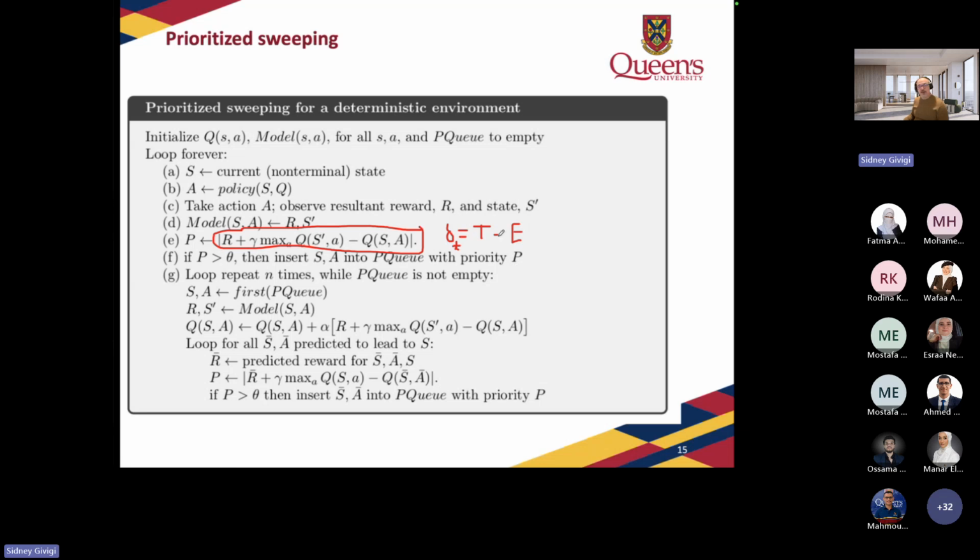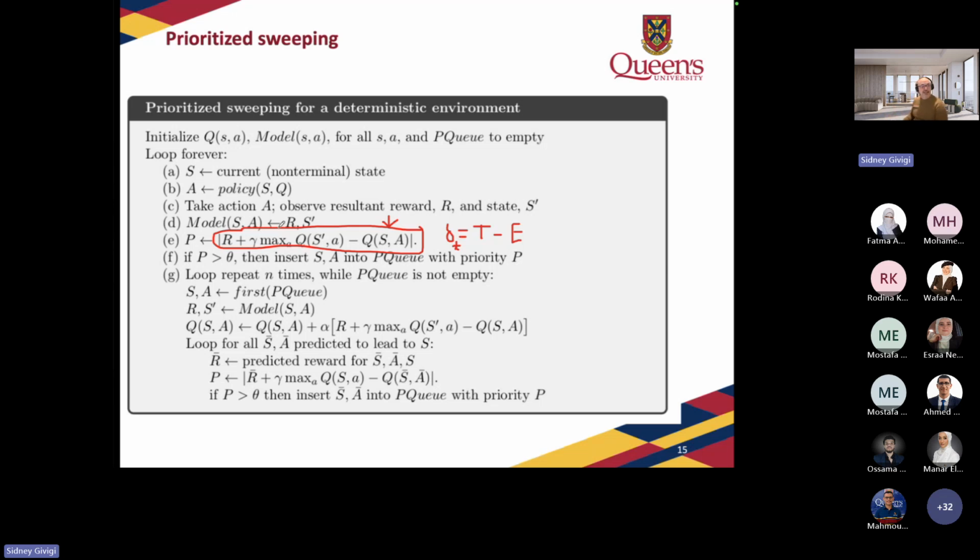So this is the estimate, and this other quantity here is going to be the target. It means that when we do this update, this is going to have a much bigger effect on the updates.